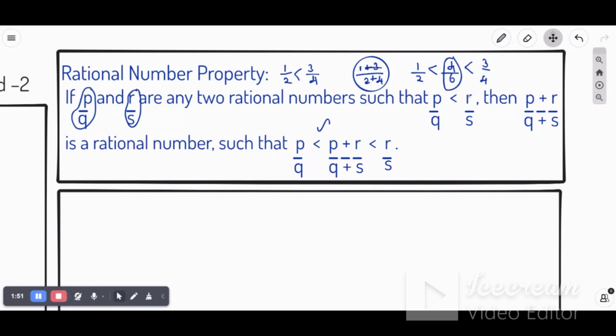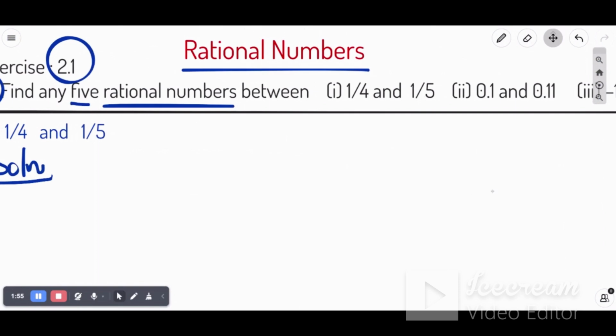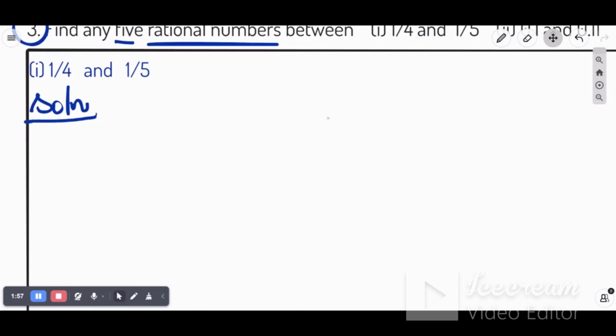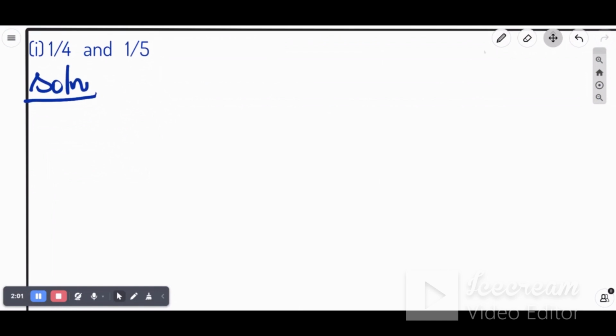To understand this a little more clearly, let us move on to our question. The question is to find any five rational numbers between 1 by 4 and 1 by 5. The first one: we are going to figure out a number between 1 by 4 and 1 by 5. I'm going to add the numerators and the denominators of both, so this will be 2 by 9.